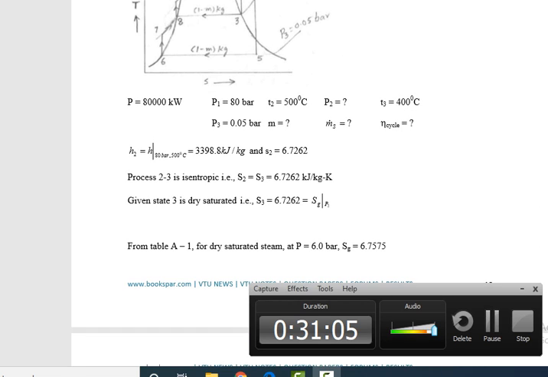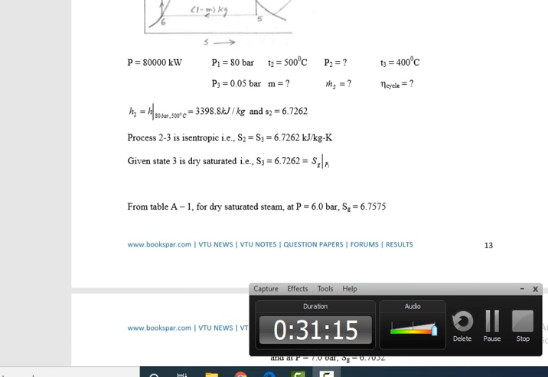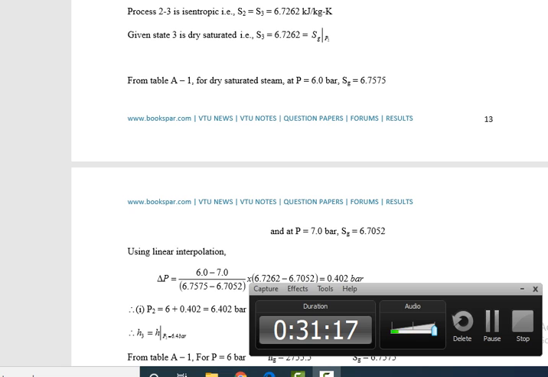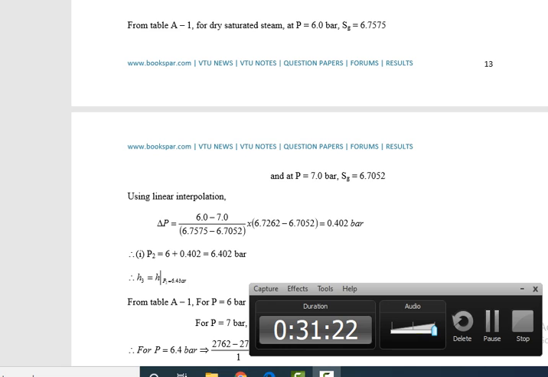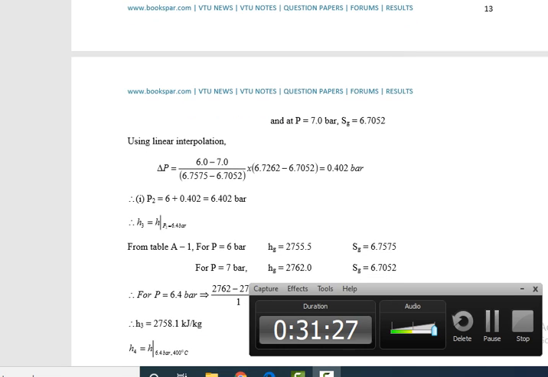Then from the steam table again, at pressure 6 bar you are getting the value of entropy. Then by using linear interpolation, you have to find out delta P. You are getting 0.402 bar. Then P2 equal to 6 plus 0.402, so you get 6.402 bar.